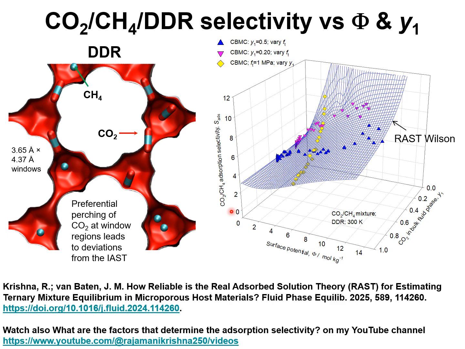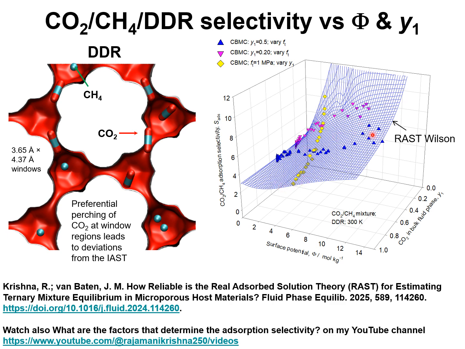The blue triangles are for 50-50 mixtures. The inverted pink triangles are for 20-80 mixtures, and the yellow diamonds are for mixtures in which the total fugacity in the bulk gas phase mixture is held constant at 1 megapascal, and the composition in the bulk gas phase mixture is varied from 0 to unity.